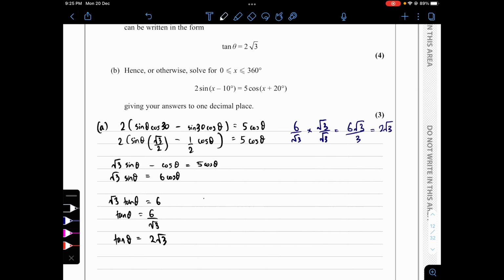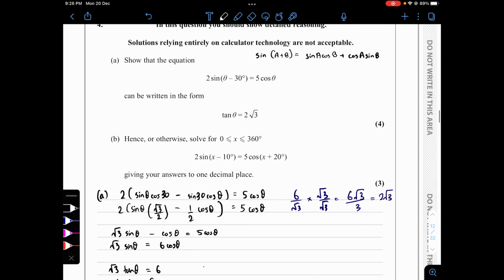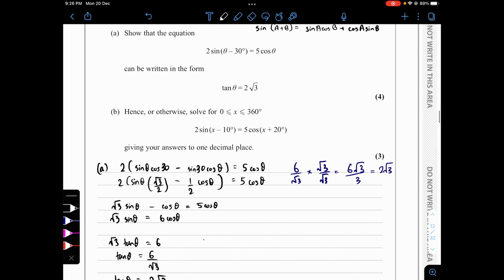Alright, let's move on. Hence or otherwise, that means we have to use this from before. That's pretty convenient. Solve for x between 0 and 360. Okay, that's fine. It's similar, so if we imagine this is our theta minus 30, and this is our theta, does that work?